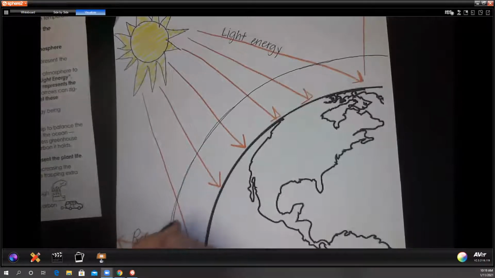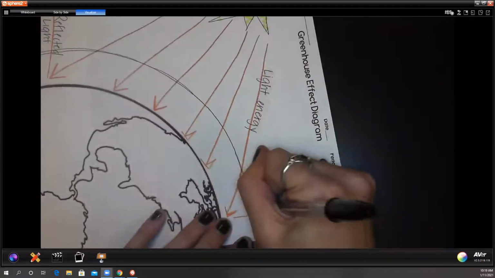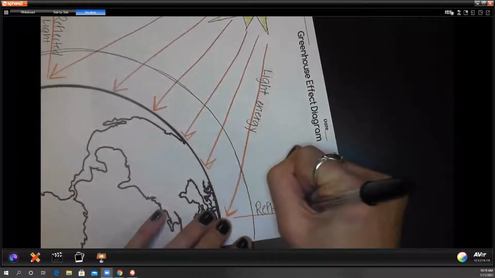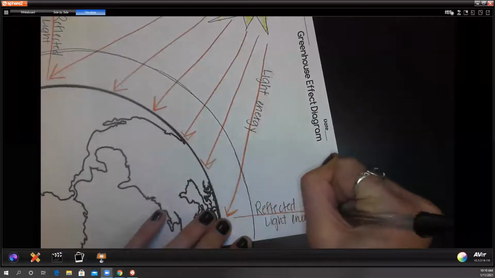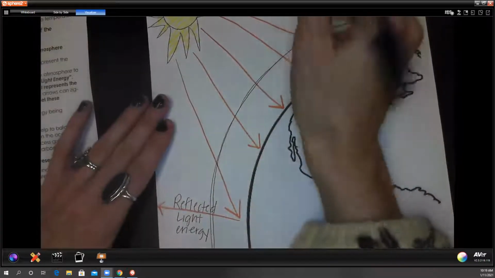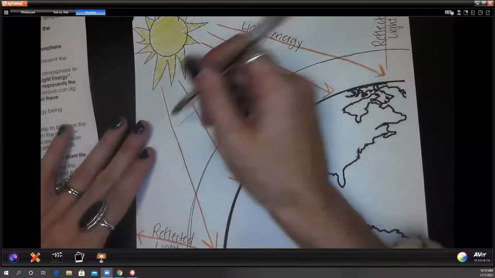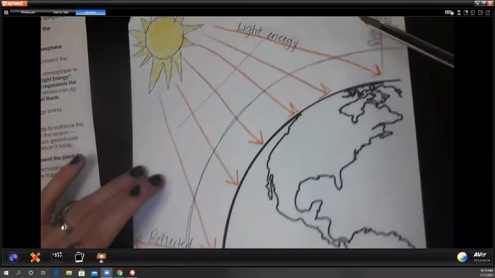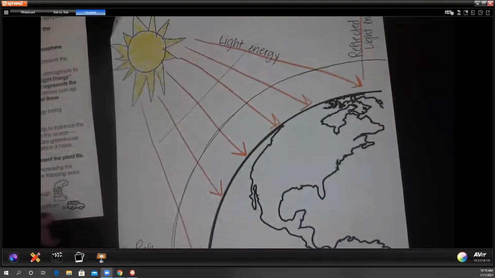These are the ones that are reflected back into space. If you want, I can label all those, but these are all light energy. And I've got 2 of those that are reflected back into space. Thumbs up when you're ready and you're following me. Okay.